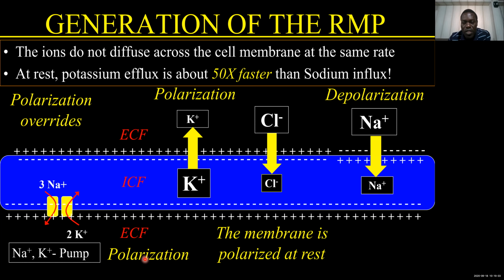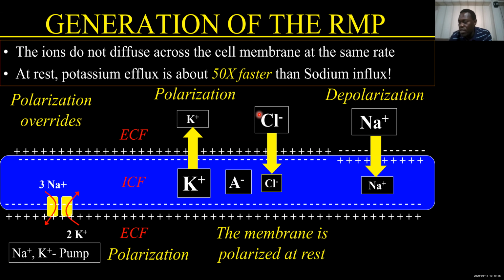Those are the 3 things we've said which cause polarization. In as much as sodium causes depolarization, the effect of sodium is outweighed by potassium, so we can ignore that for now. Because of these 3 things, we can say that the cell membrane is actually polarized at rest.